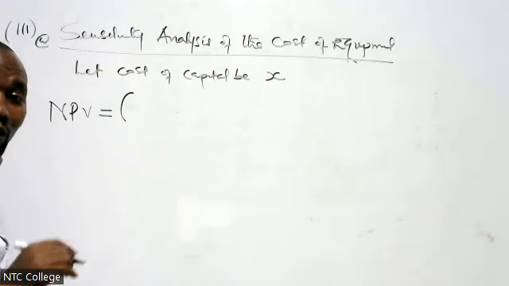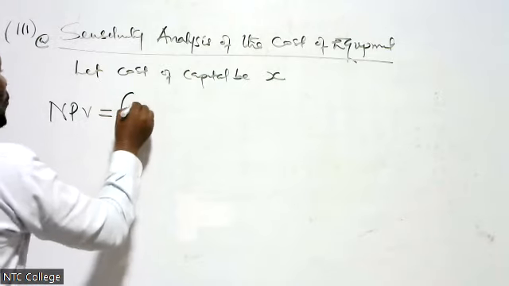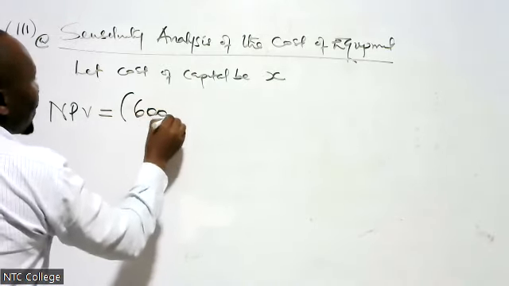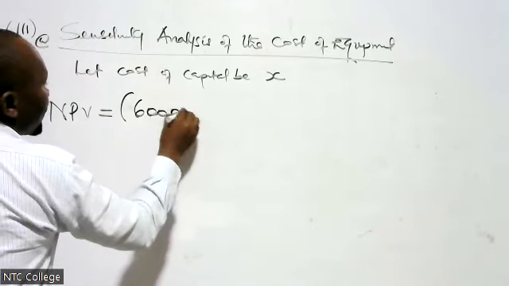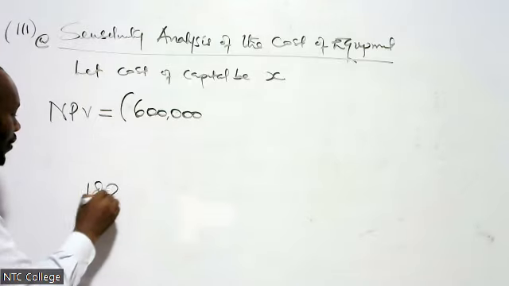Revenue we know ilikuwa ngapi? In the first illustration 600, sio? So it was 600,000 which has given us the 182, sio?